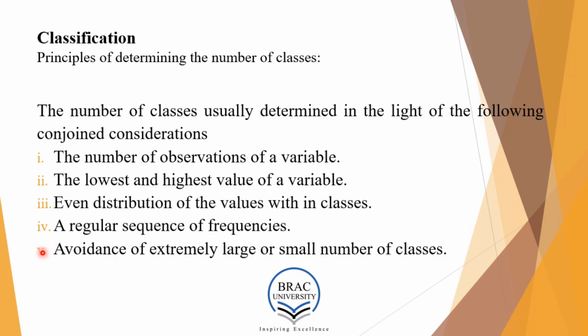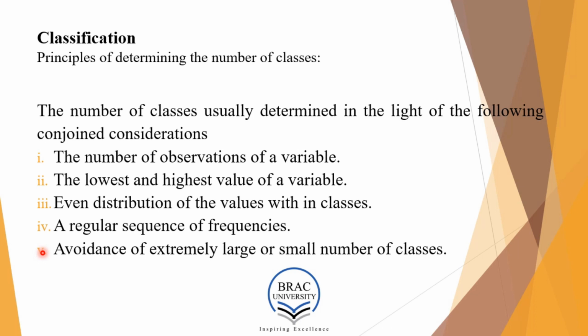For example, if we collect information about the district of the students, we might need to do 64 different classes, which will be very complicated when it comes to presenting the data with the help of any graph.